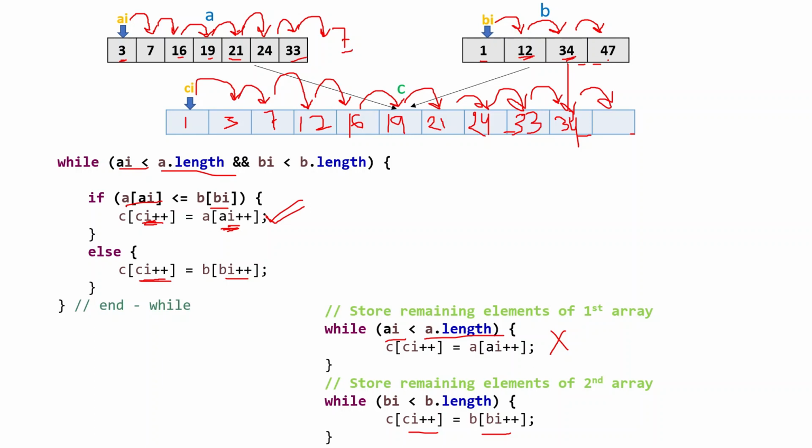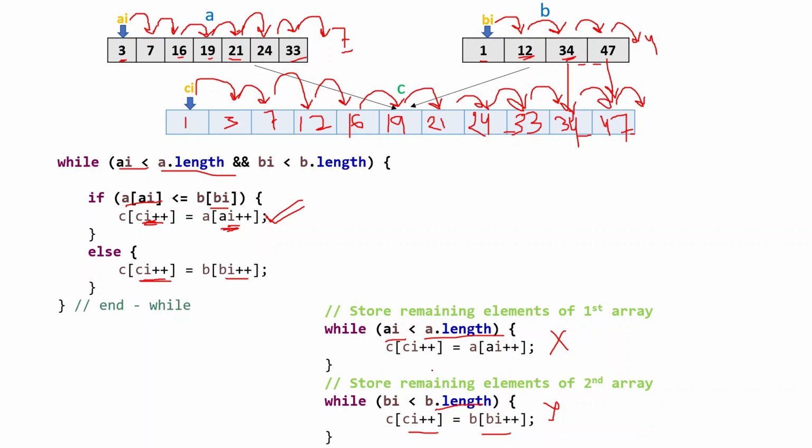So 47 we're directly putting here, and CI plus plus comes to this, BI plus plus comes to this. Now BI starts from 0, so the BI value will be 4 here, and 4 less than B dot length is false. So this breaks the loop, and it comes out of the loop.